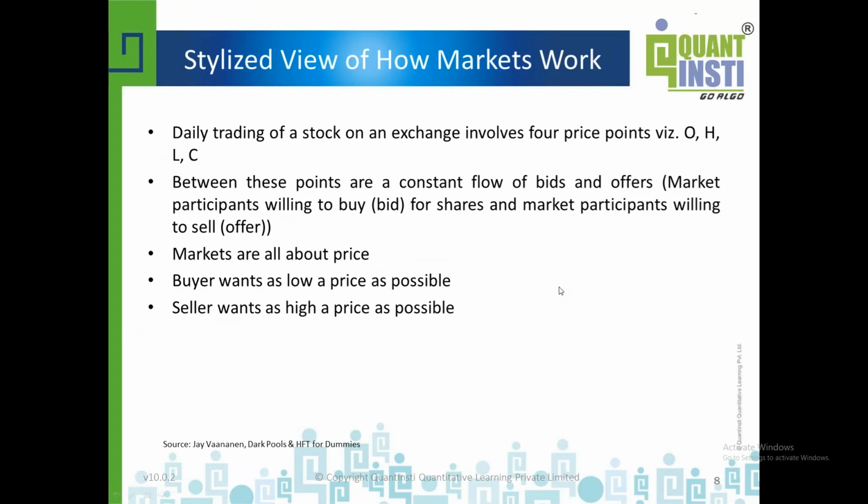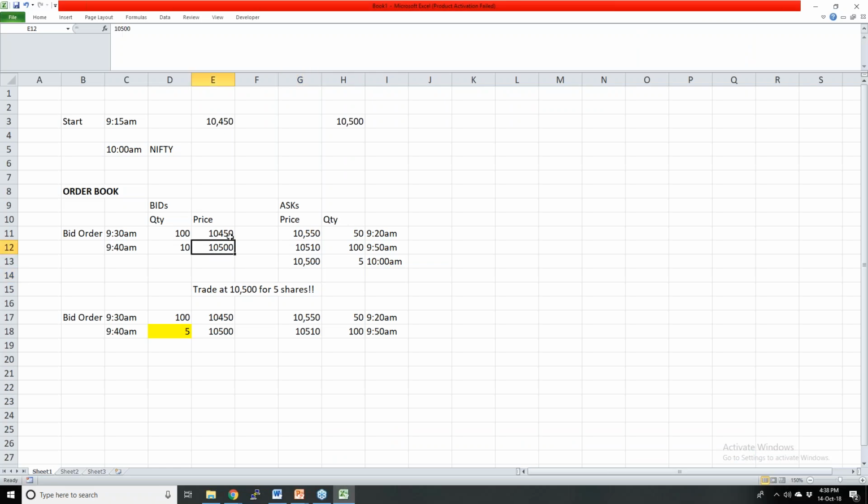So markets are all about price, right? They are all about price, right? And frankly, saying that a trade happens between bid and ask is very simplistic, right? I mean, saying what is the price of the asset right now is somewhat simplistic, and we will cover that.